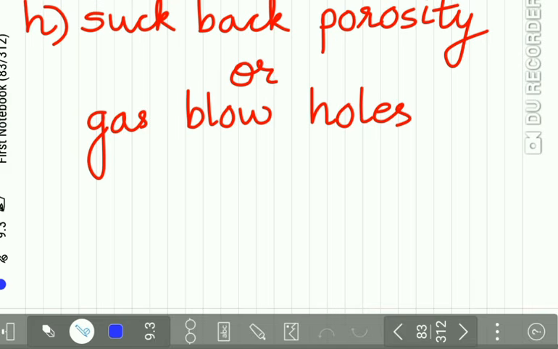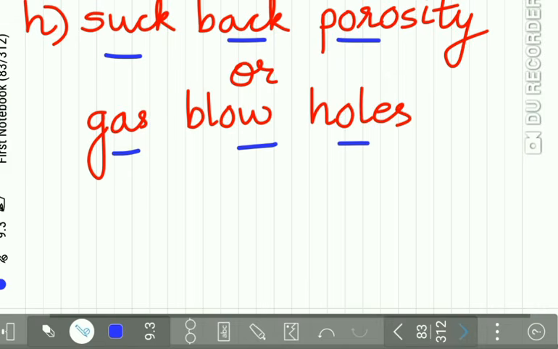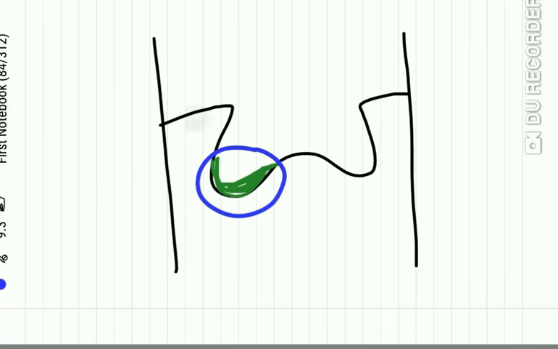The next is the suck back porosity or the gas blow holes. If there are wax residues in the pattern chamber, they give off a large volume of gas as the molten metal enters the mold cavity. They give off a large amount of gas and these appear as blowholes on the casting.